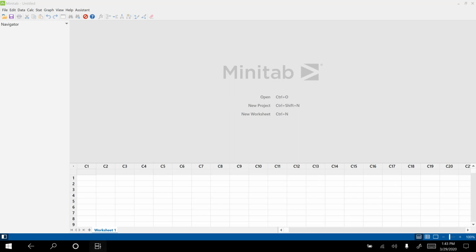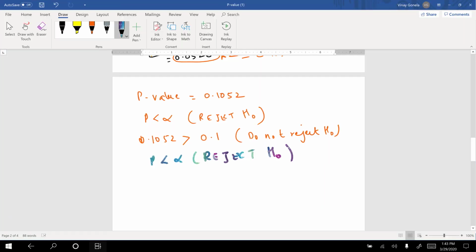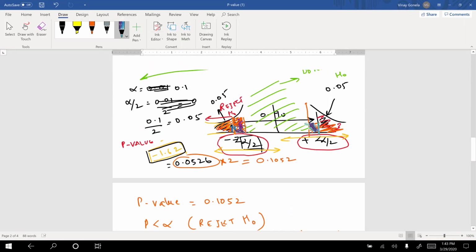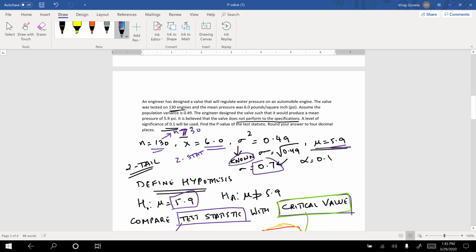Okay, so let me look at our data. I will be taking values from this point to this point, everything.